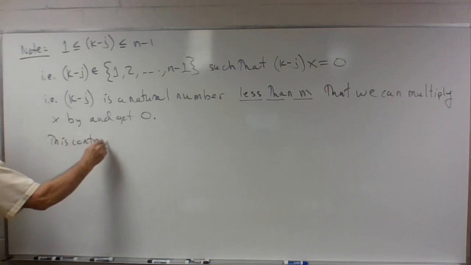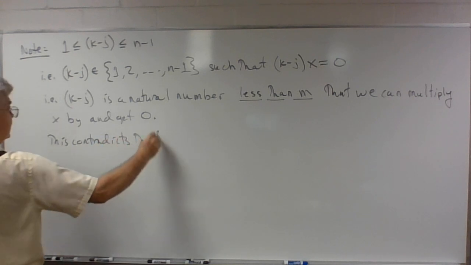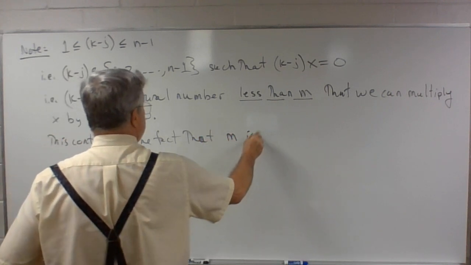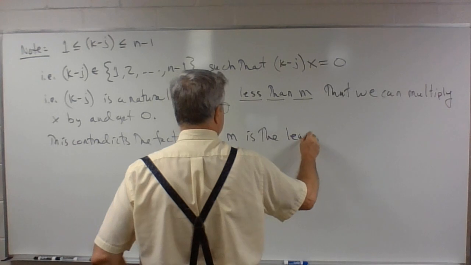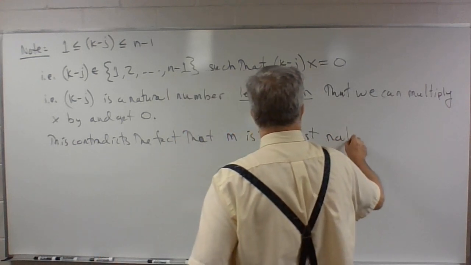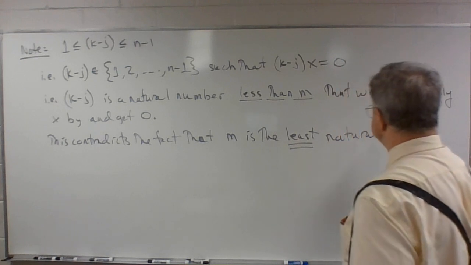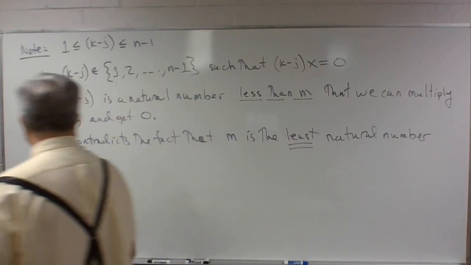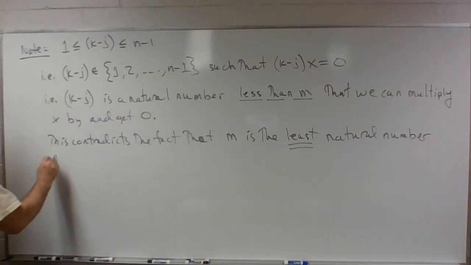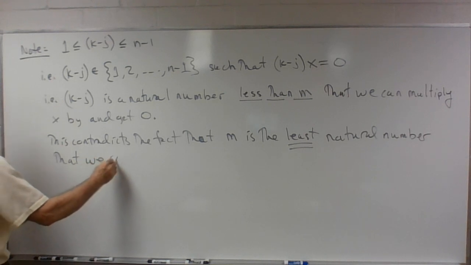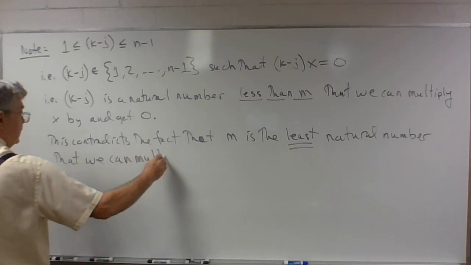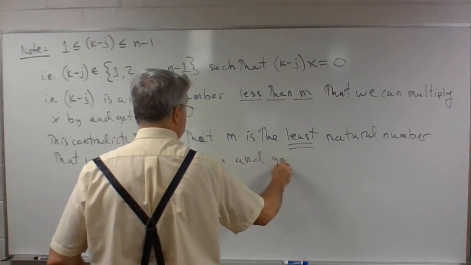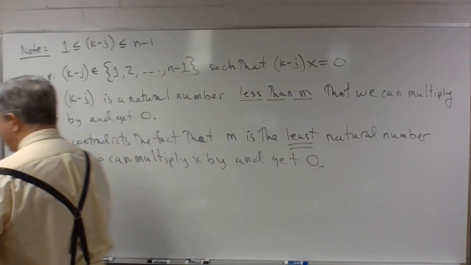This contradicts the fact that m is the least natural number that we can multiply x by and get 0. So we got our contradiction.